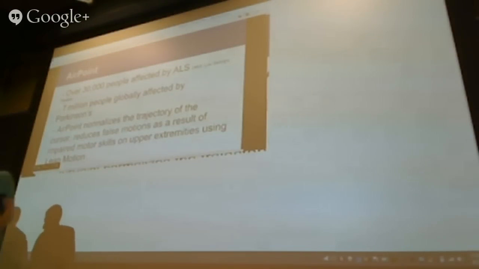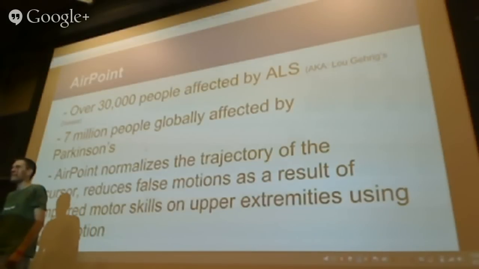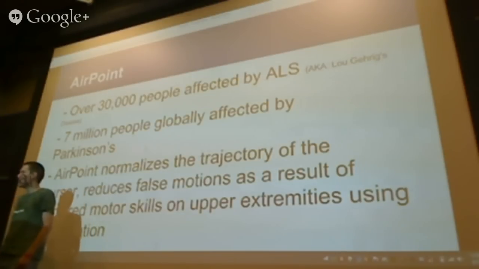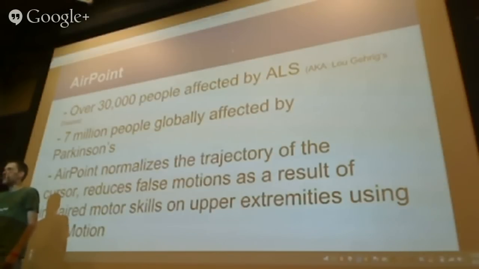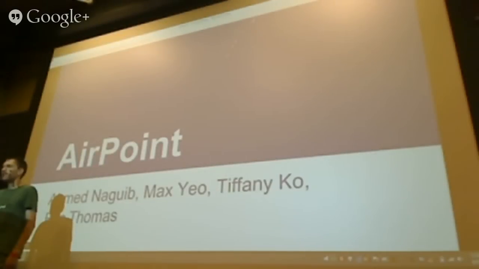Over this weekend, we produced a product called AirPoint. We decided to get rid of the mouse entirely, because while some patients might have involuntary tremors or twitches in their hands and accidentally move the mouse or click unintentionally, we abstract the motion of the mouse from minor muscle groups to major muscle groups, so you can move around just by using your hands, and to click, instead of relying on minor muscle groups such as your finger, you use your entire fist to select.